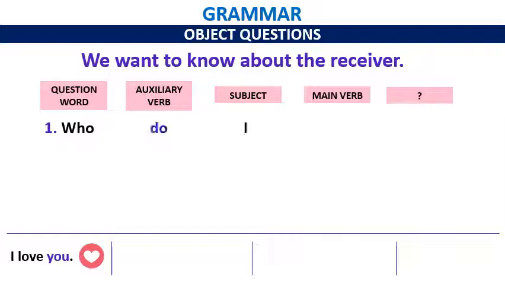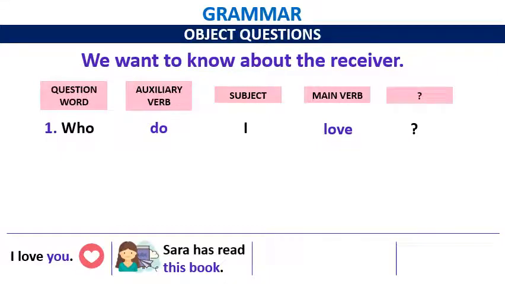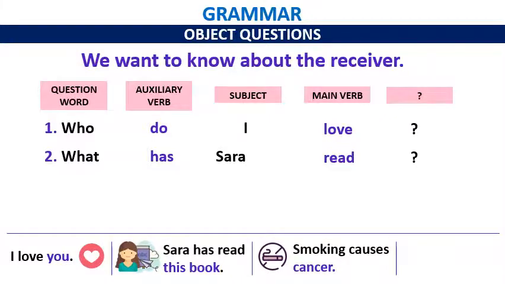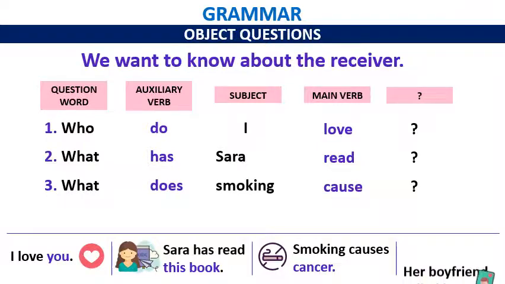Who do I love? In the second example, we have this book, so we want to know about this book. So what has Sarah read? Smoking causes cancer, so we want to know about cancer. So what does smoking cause?